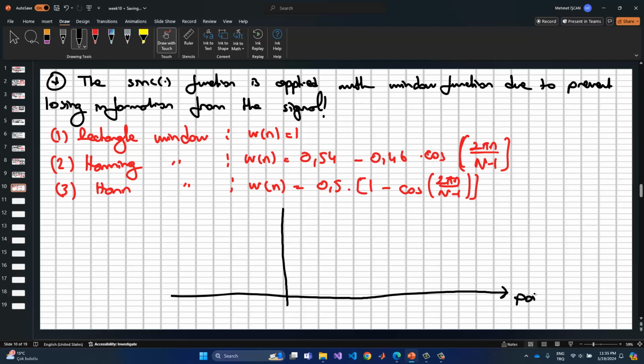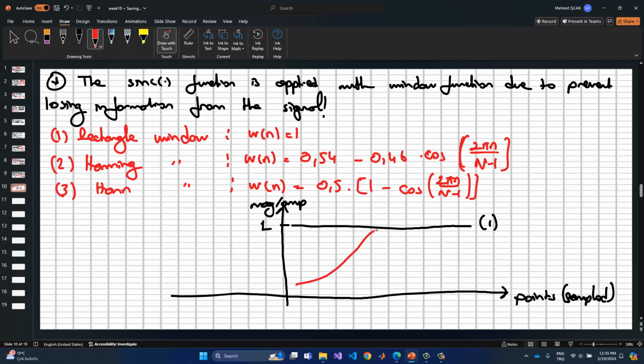For example, this is the sample points, the sample data indices in here, and also we can give what? This is the magnitude or the amplitude of the signal, which is equal to 1. In the rectangle window, we have this kind of information. But in the Hamming window, we have this kind of pattern, to these terms.